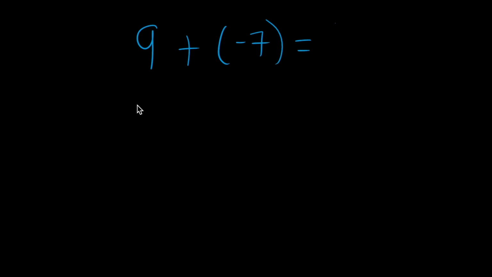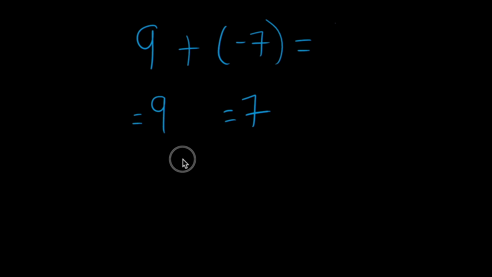Okay, so I'm looking at two numbers with opposite signs, and we're adding both numbers. We apply the rule: identify the absolute values, subtract, and then take the sign of the original number that gave you the larger absolute value. So 9 is the absolute value and 7 is the absolute value.